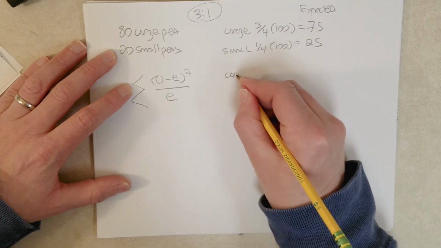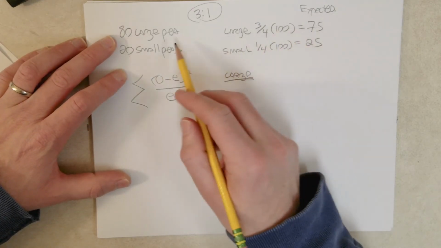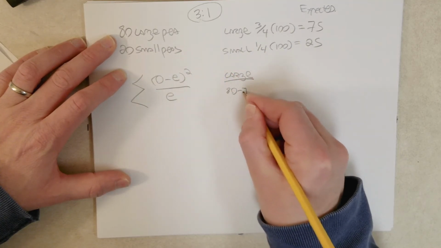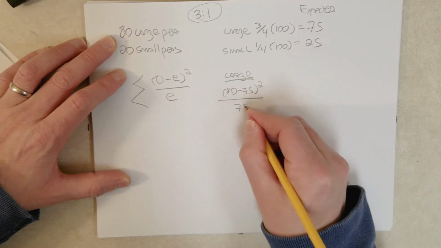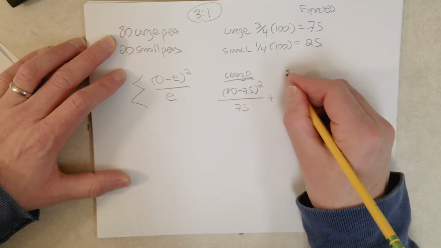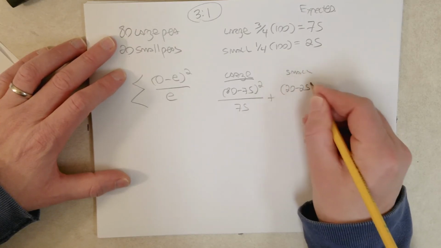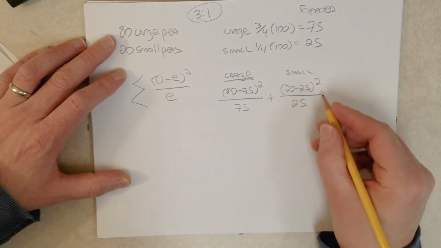So for the large, we are going to have observed 80 minus 75 expected squared divided by 75. And for the small category, we are going to have 20 minus 25 squared divided by 25 for expected.